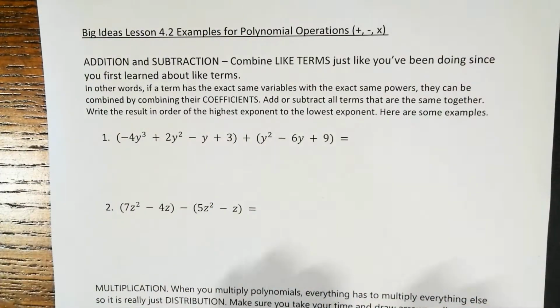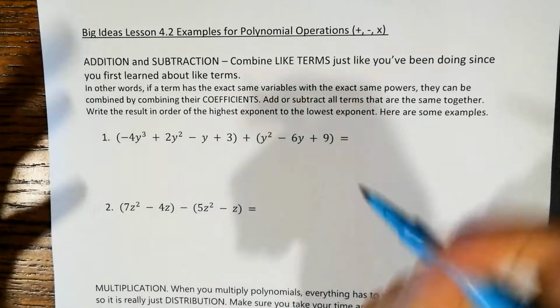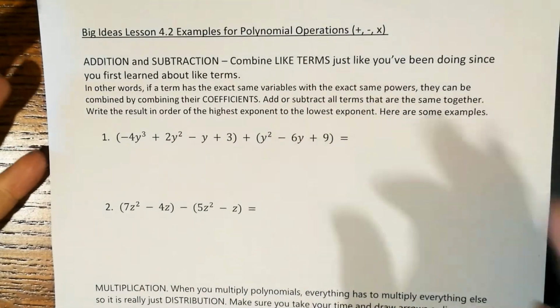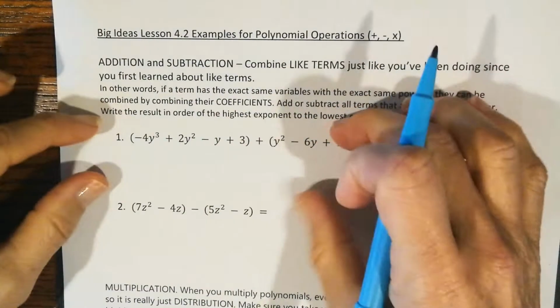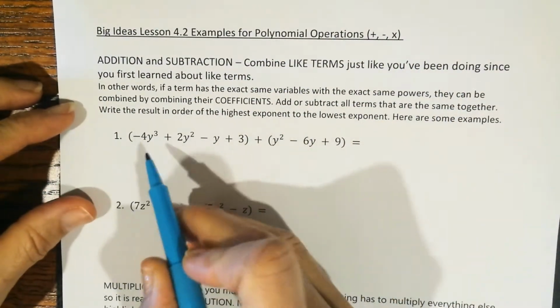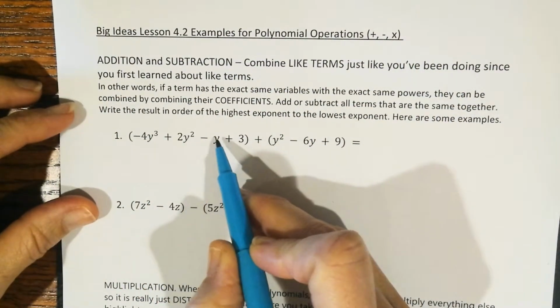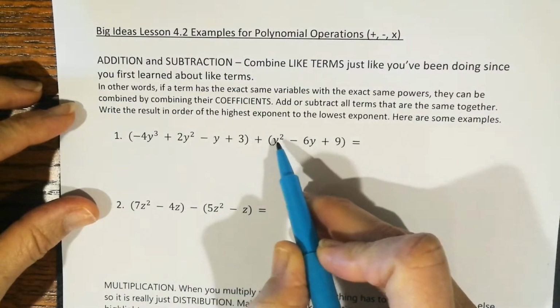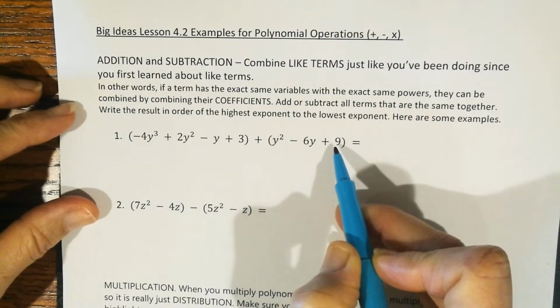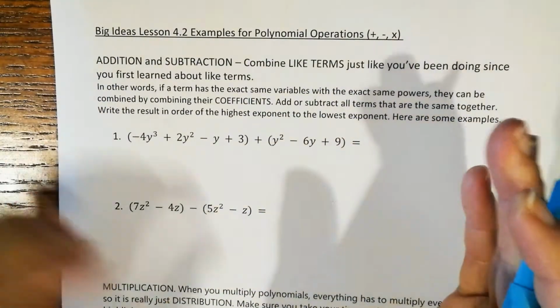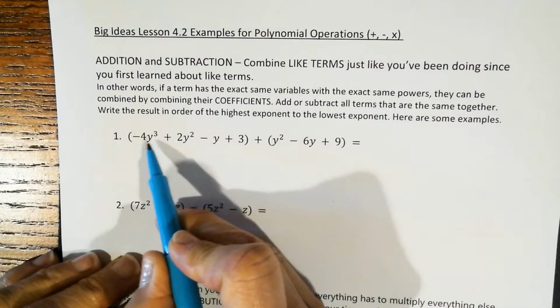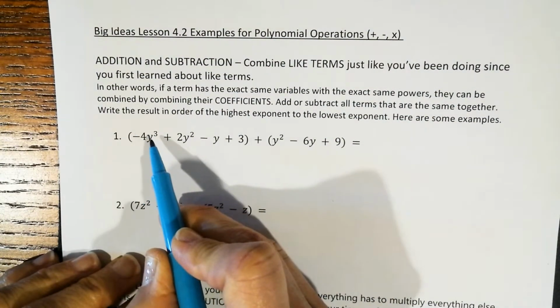So you can do this two ways. You can either do shapes, that's one way I like to do it, or I just like to take different colors and figure out which ones of these are the same. So if I'm adding all these terms, I have 1, 2, 3, 4, 5, 6, 7 terms. Let's see which ones are the same. Okay, there are no other y cubes, so that's all by itself.